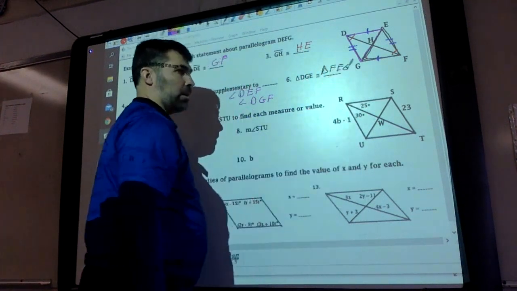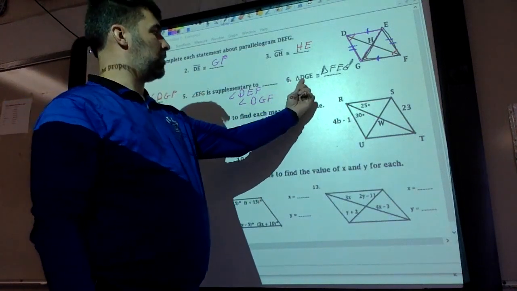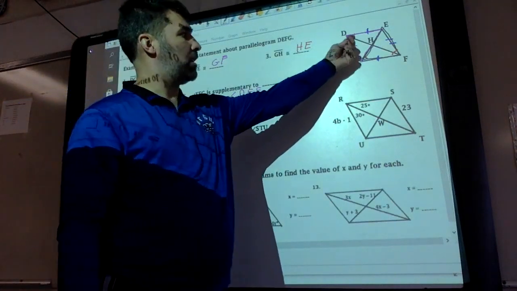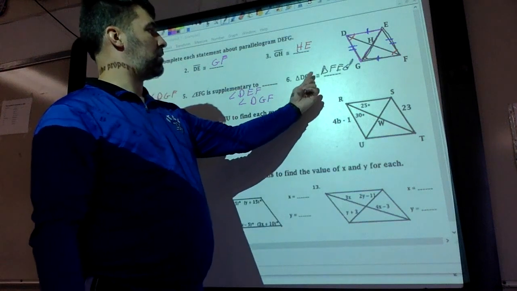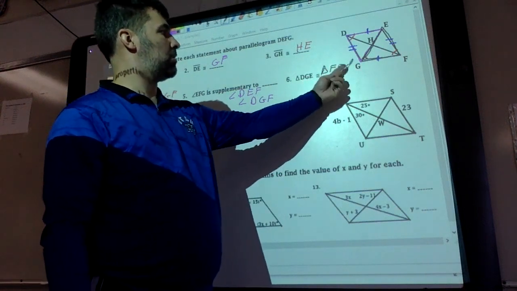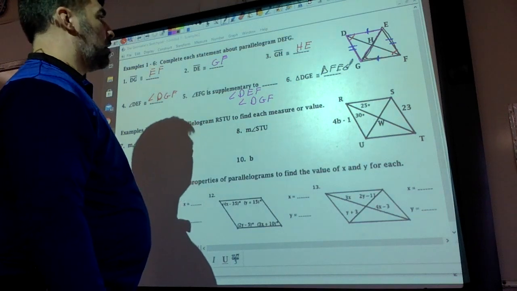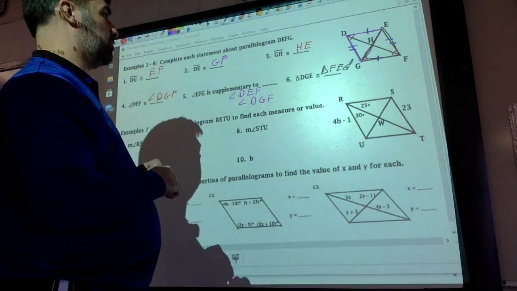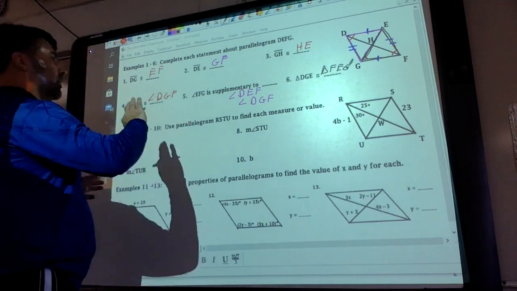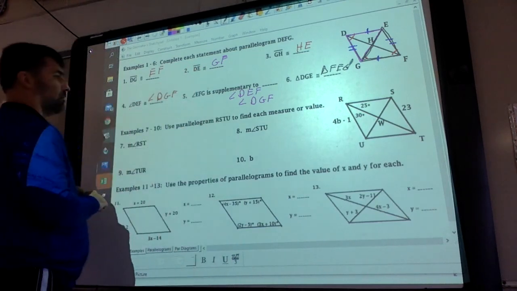And a way to check that, make sure angle D corresponds with angle F, and it is. G has to correspond with E, and E has to correspond with G. Okay? And you're talking about separate triangles there. Okay, so that's parallelogram with that.